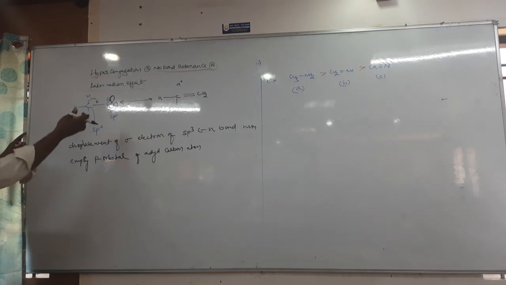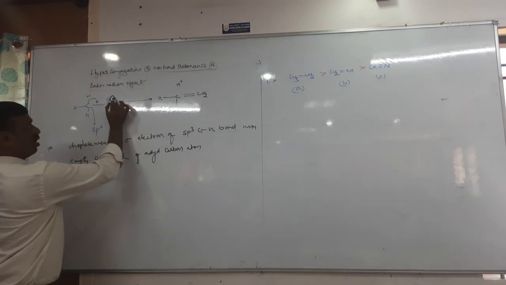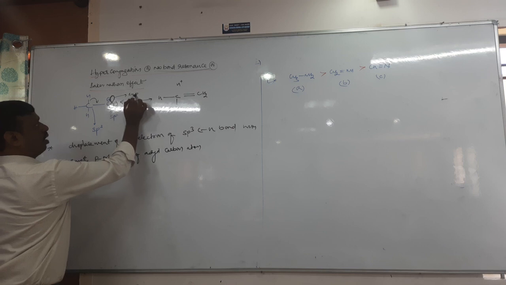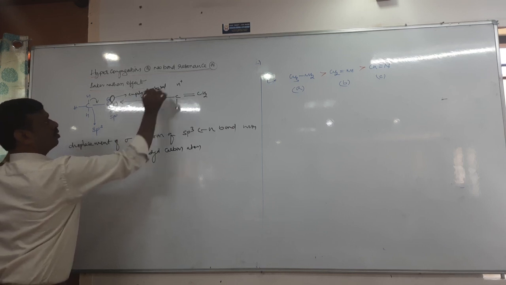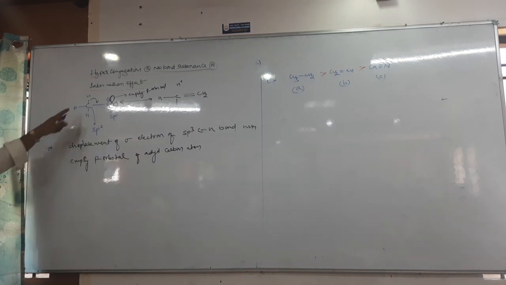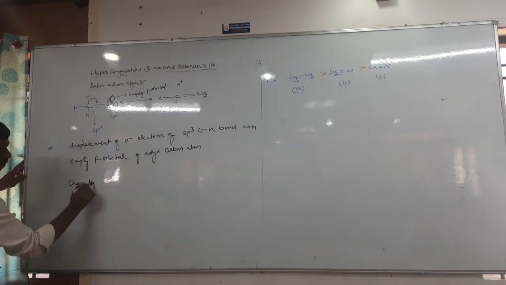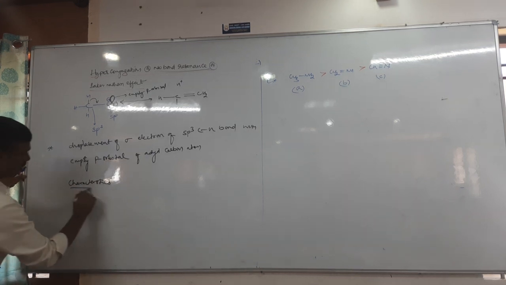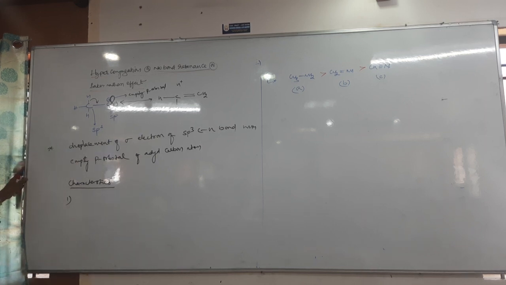Okay, so you can take a general example: a carbocation. This is an empty p orbital. Next are the characteristics of hyperconjugation.